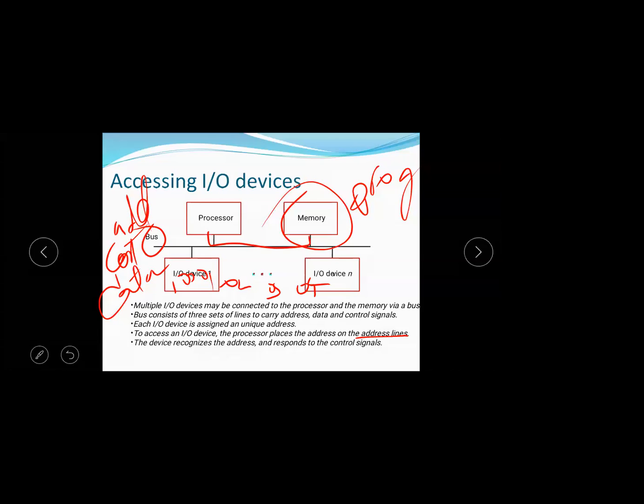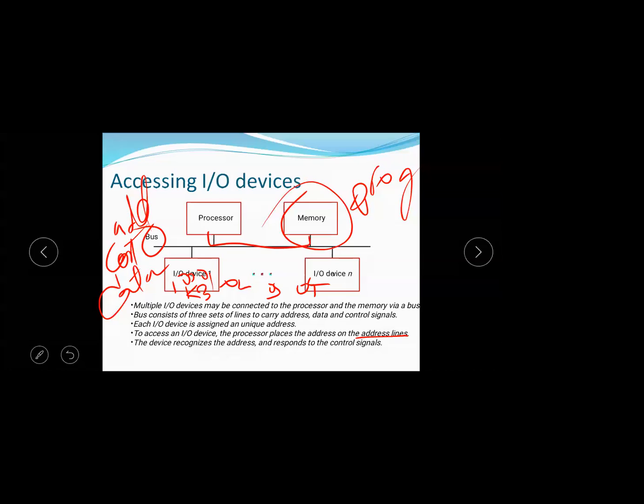Let us take the keyboard address as 1001.